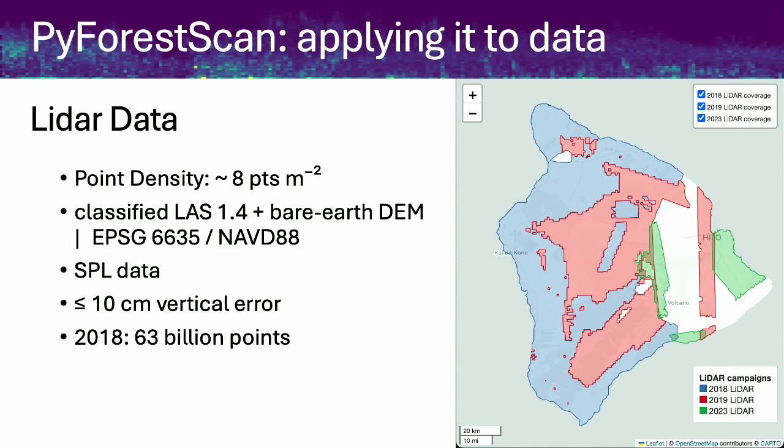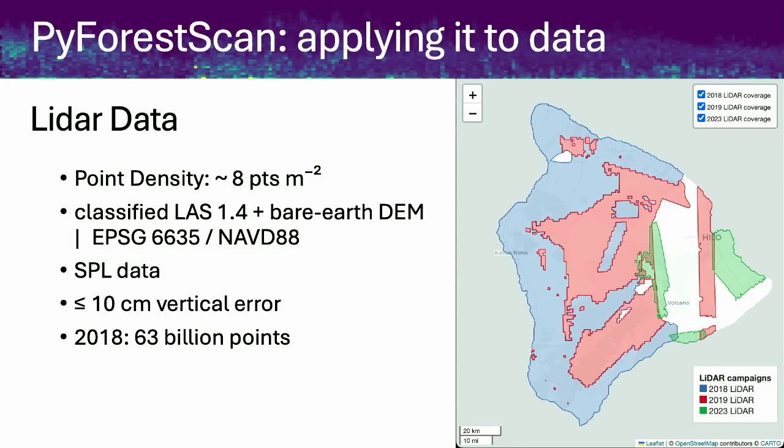And I apologize, I meant to count, and it's right there. It's an EPT summary of your point cloud. I don't remember how many points are in the entire data set, but it's across 3 different years. The 2018 has 63 billion points, so it's over 100 billion points for the whole point cloud.